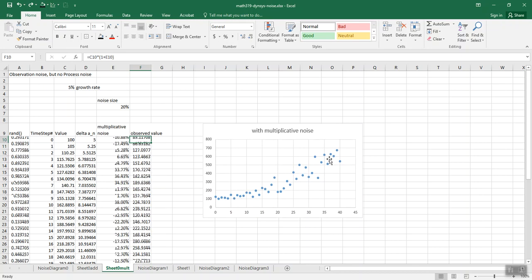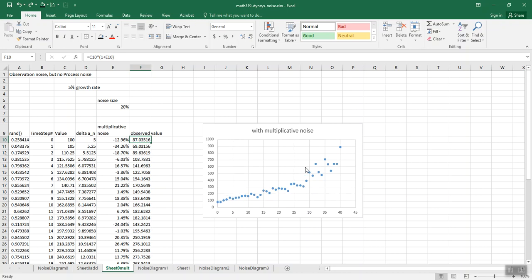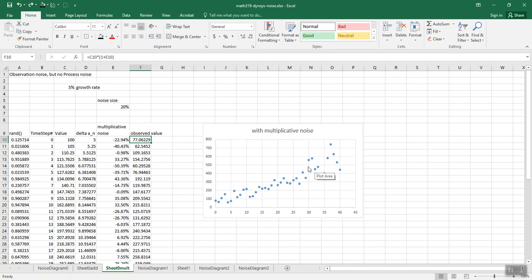So that's multiplicative noise. You might say, oh, it's probably harder to count a population of 700 million people and be within 20 million people than it is to count a population of 100 million people and be within 20 million people. So that's additive versus multiplicative noise for observation noise.